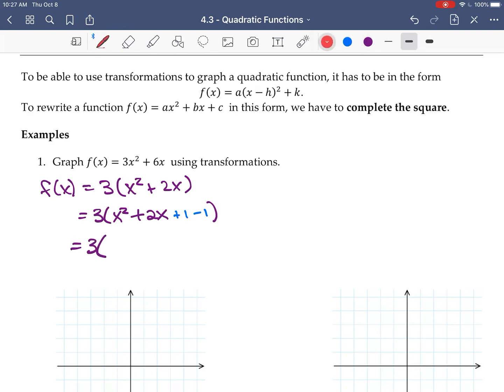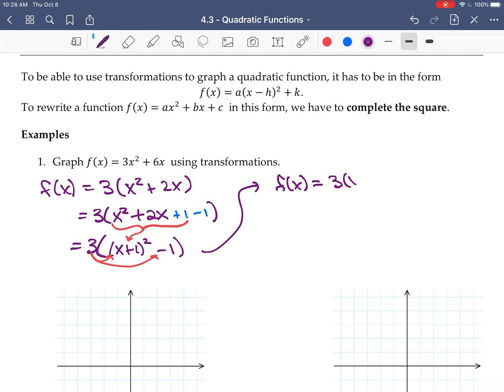Now these first 3 terms give me a perfect square. So this is actually x plus 1 all squared. And then I still have that minus 1 left over. So then if I put the 3 through, the equation in the transformed standard form, I think is what they call it, is going to be 3 times x plus 1 all squared minus 3.